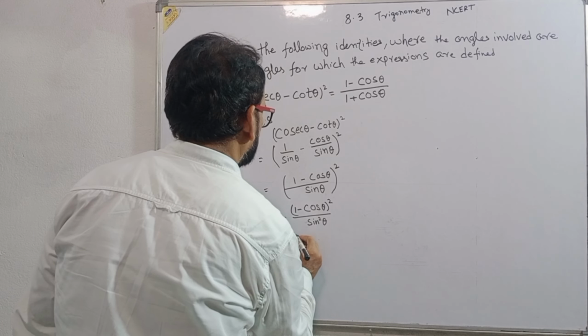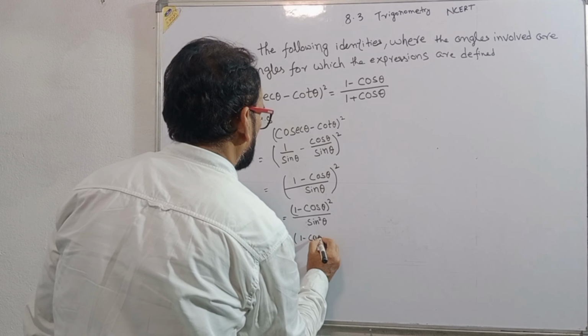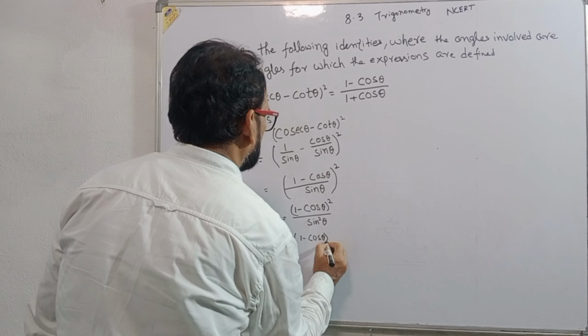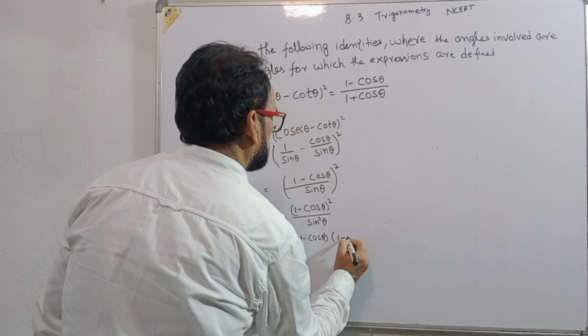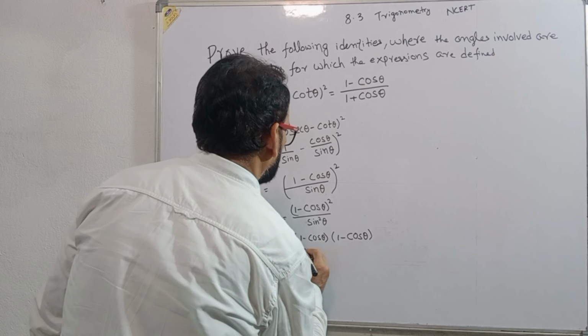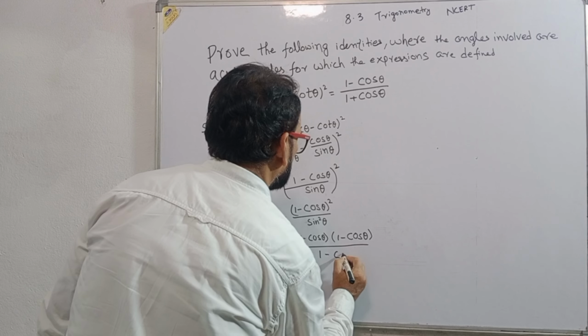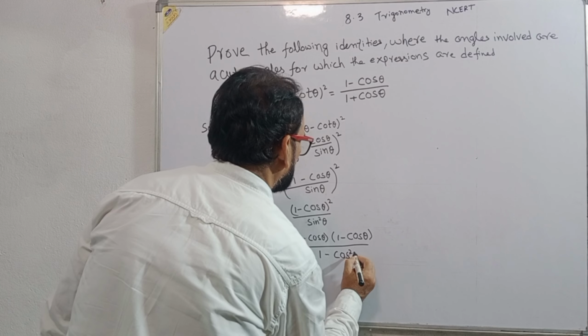Now we can write here 1 minus cos theta, 1 minus cos theta over 1 minus cos square theta.